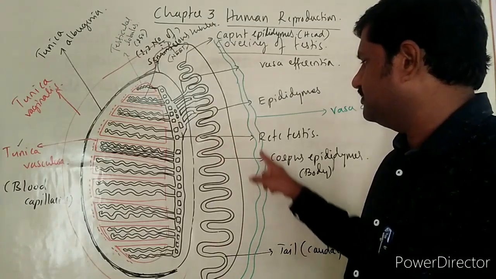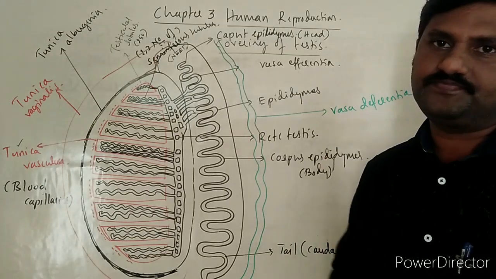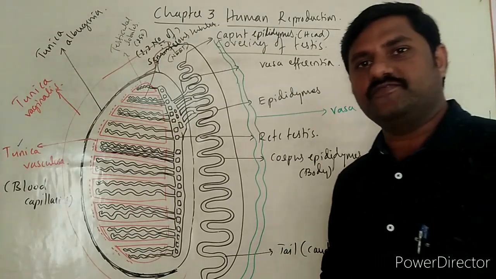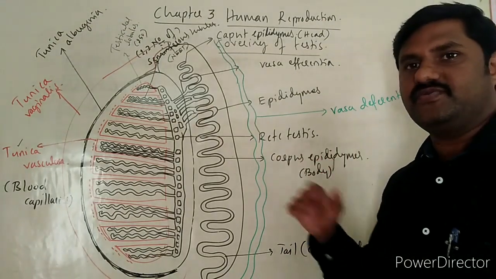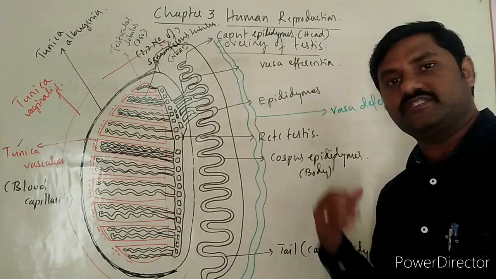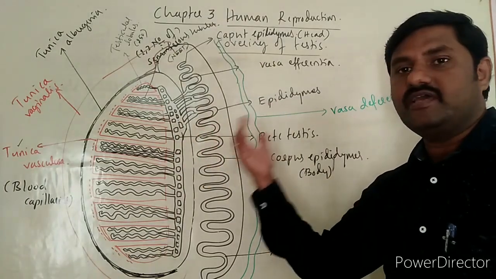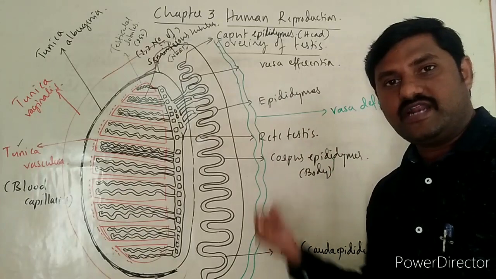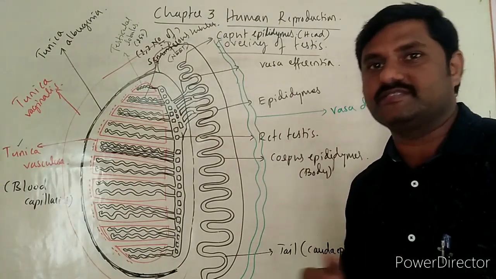Epididymis opens into a large tubular structure called vas deferens or vasa deferentia. Like this, the connections will be there. Whatever sperms are produced inside these seminiferous tubules, they travel across this tract, right? I hope you have understood the tract now very easily.